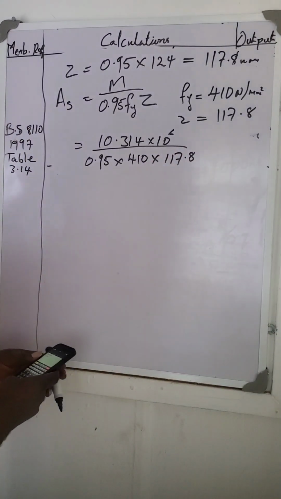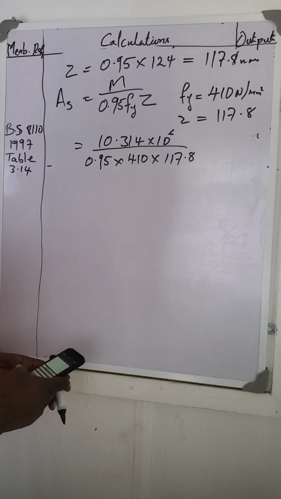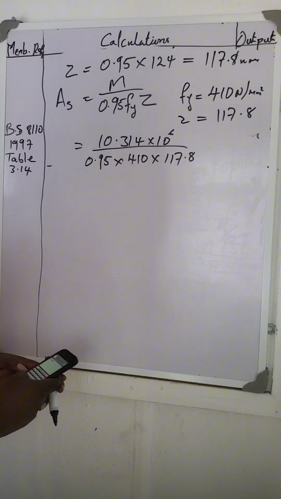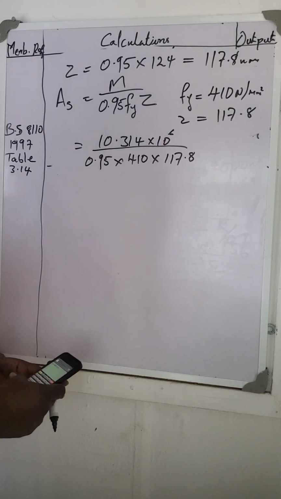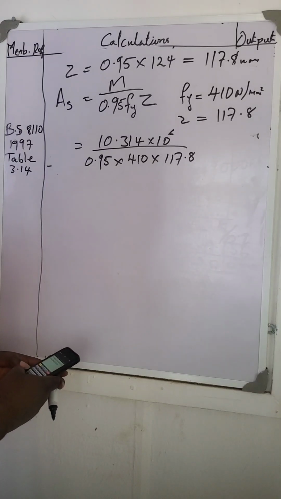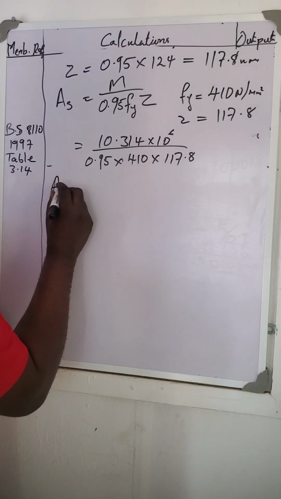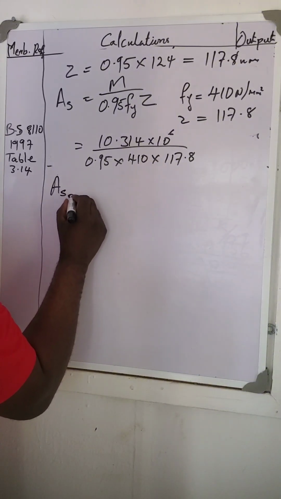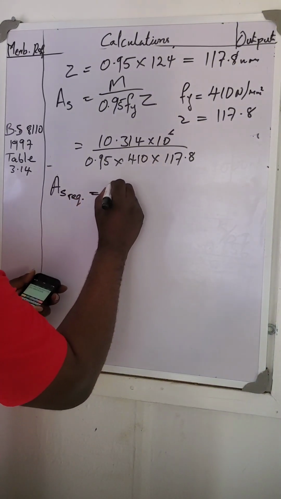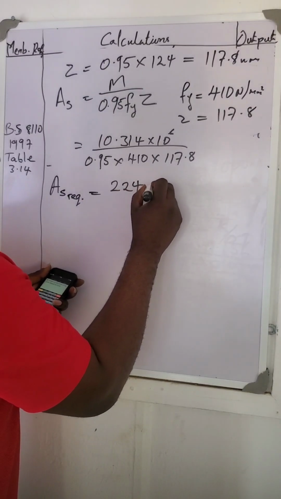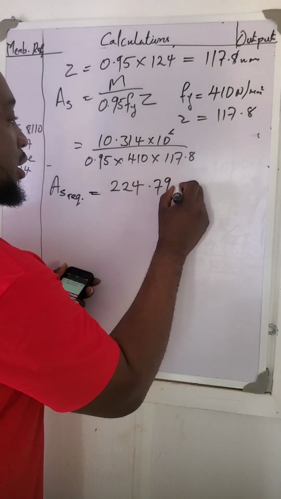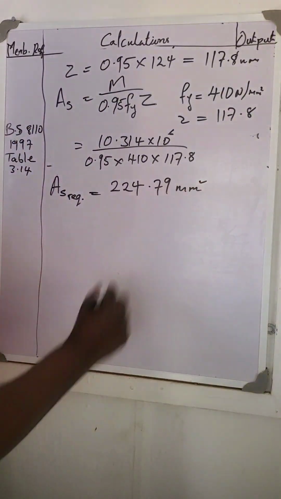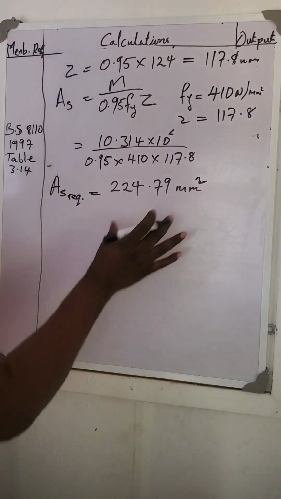So if you compute this, 10.314 exponential 6 divided by 0.95 times 410 divided by 117.8, this one will give me As required. This is now equal to 224.79 millimeter square. So this is the area.